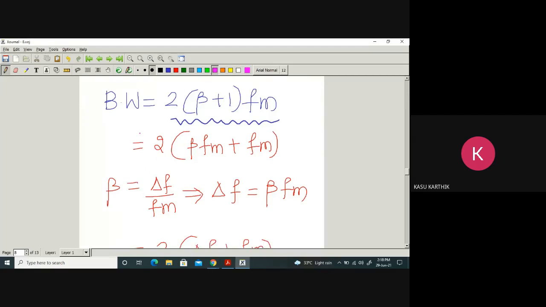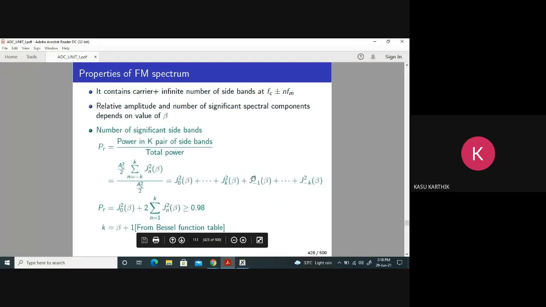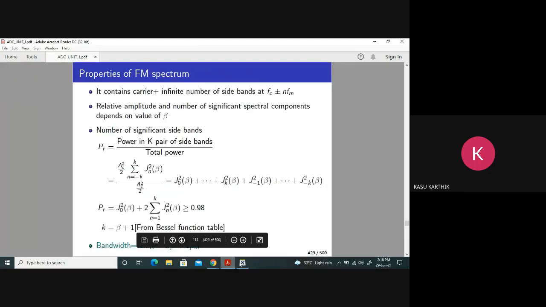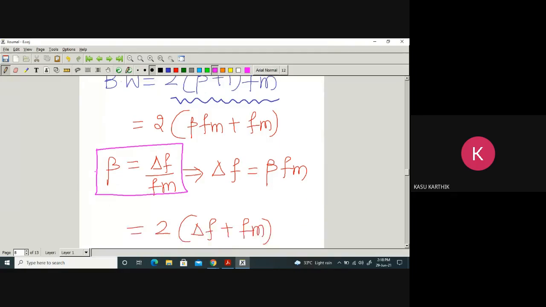Now let me define what is beta. Let me take this 2 into beta fm plus fm. But what is beta? Delta f by fm. We know these things already. What is delta f then?